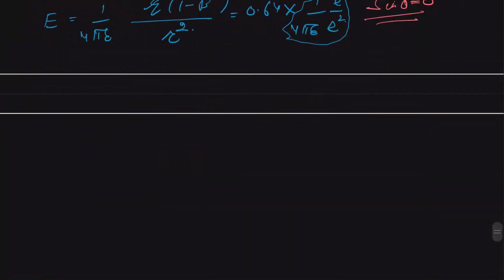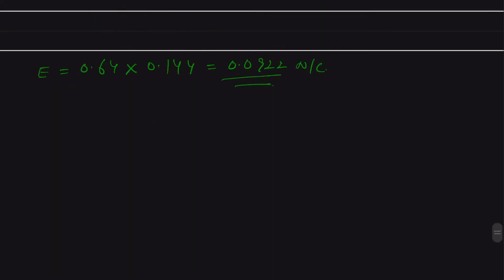Therefore we can say that electric field will be equal to 0.64 times 0.144, which comes approximately as 0.0922 Newton per coulomb.